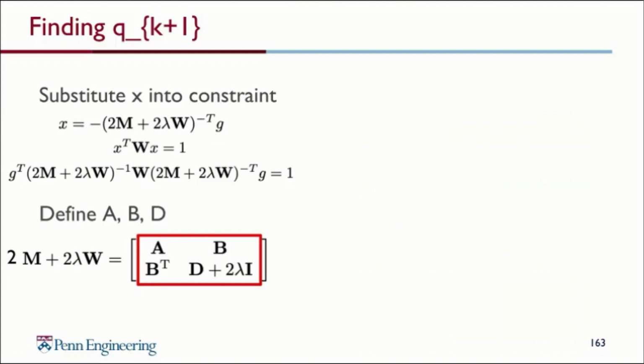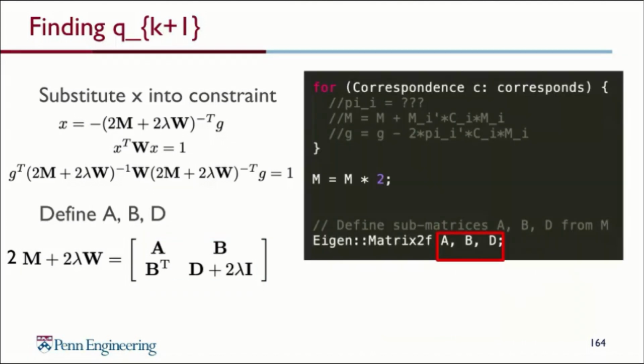And from this expression, we will first derive some expressions for the submatrices A, B, and D for 2M plus 2 lambda W. This can be seen in the code, and your assignment will be to derive these expressions for A, B, and D based off of this definition.